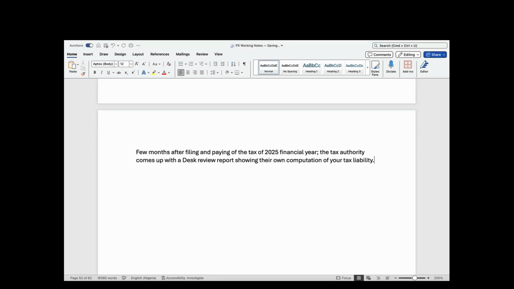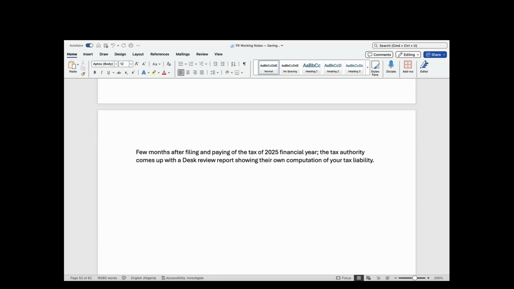So they will say, okay, we have looked at your financial statement, or we have seen your computation, so this is our own computation. So it comes up with this computation.